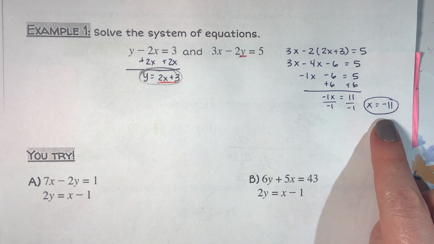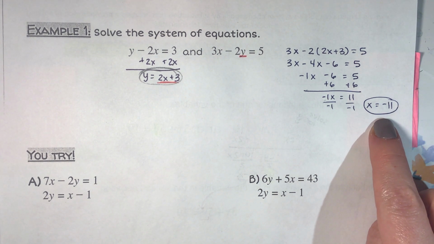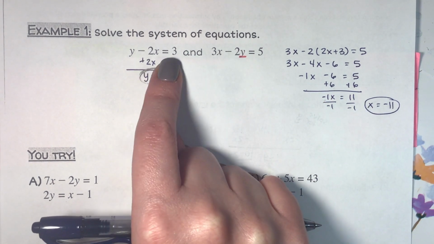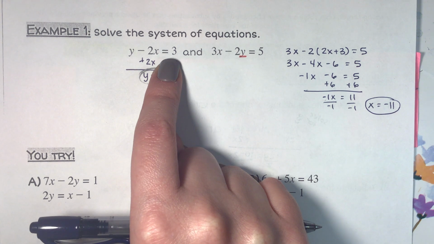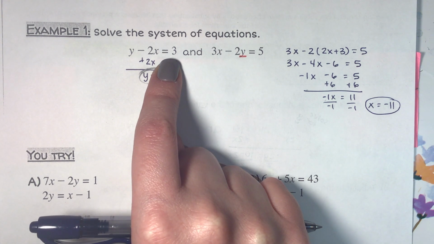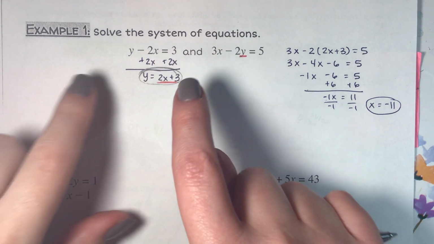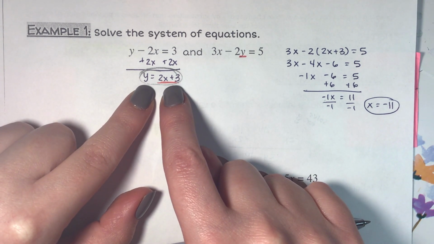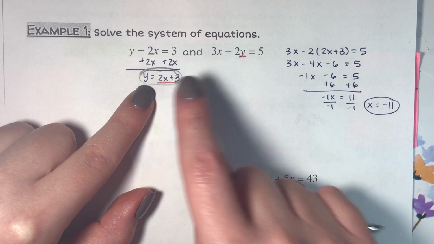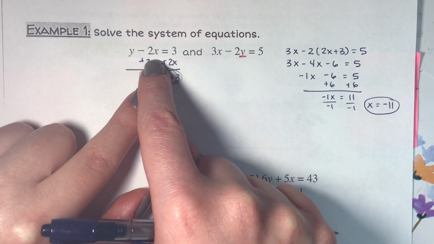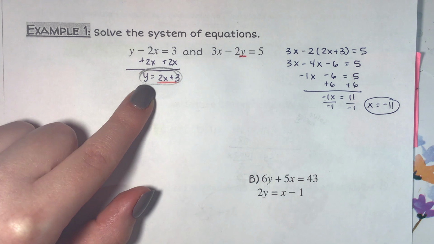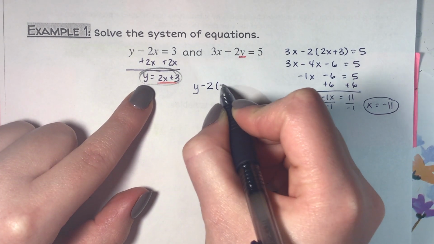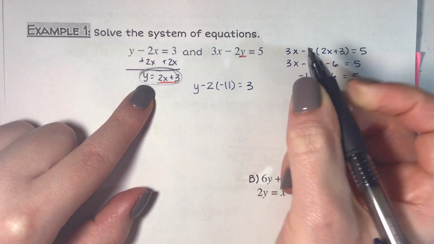I'm going to take this x equals negative 11, and I'm going to substitute it back into this equation. The reason I want to do that is because you don't want to put it back into something where you could have made a mistake. Always use the original problem to substitute back into. So here I have y minus 2 times negative 11 is equal to 3.